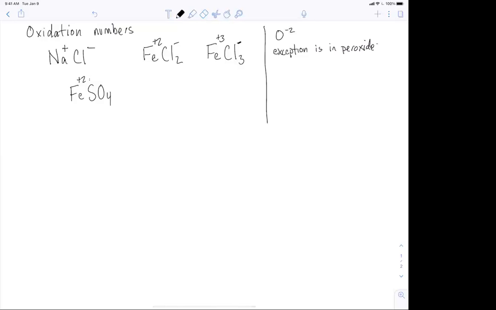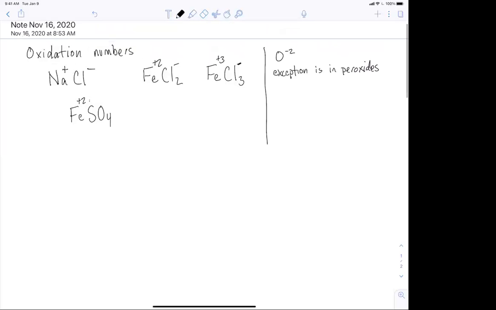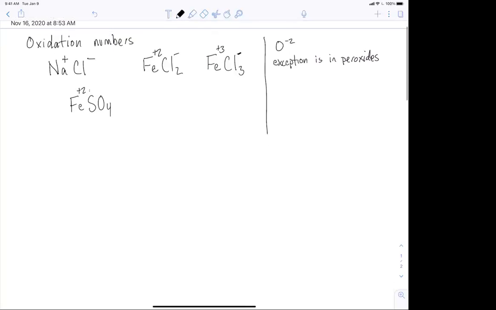Peroxides are when you have 2 oxygens that are directly bonded to one another. For example, in hydrogen peroxide, which looks like this, the oxygens have a -1 charge, but generally speaking, it's a -2. Outside of peroxide, you'd see this more typically, at least in this class, written as this. In that case, it's -1.